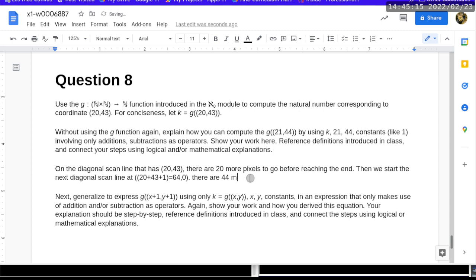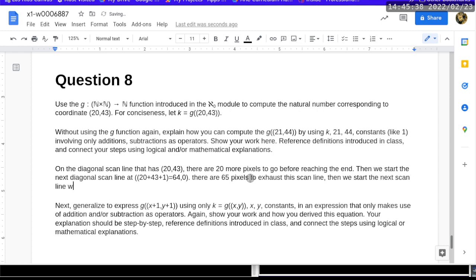So we can say, let's see, we go from 0 to 64, so there are 65 pixels to exhaust this scan line. And then we start the next scan line with a sequence number of 65.